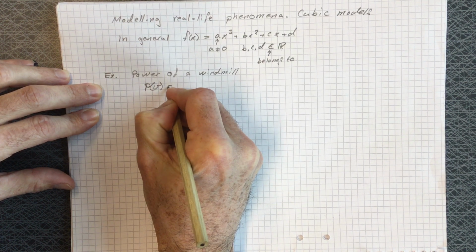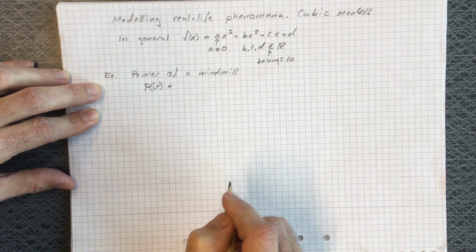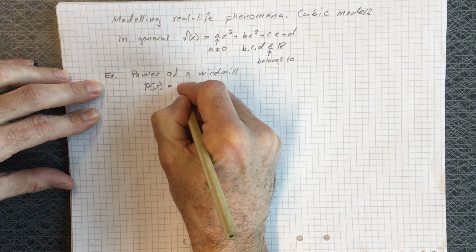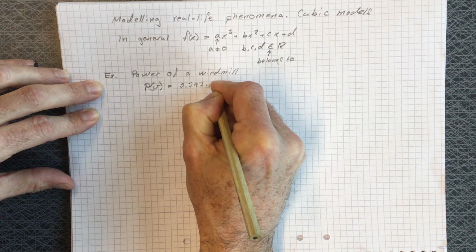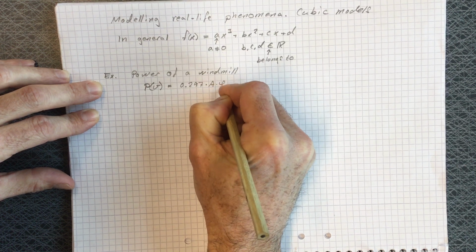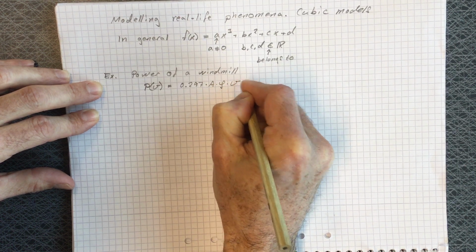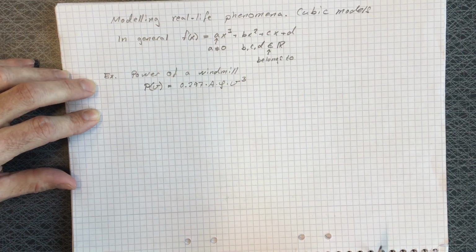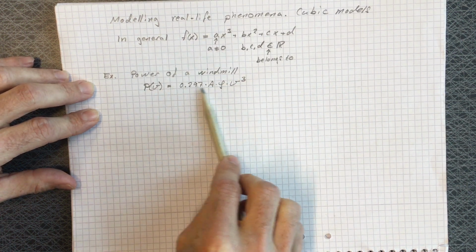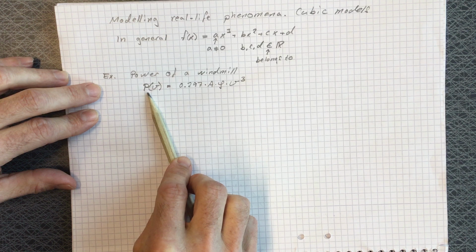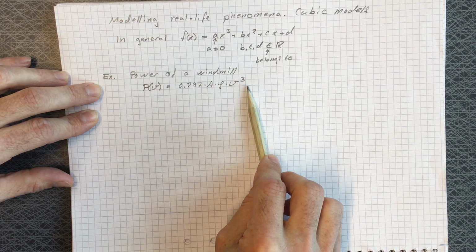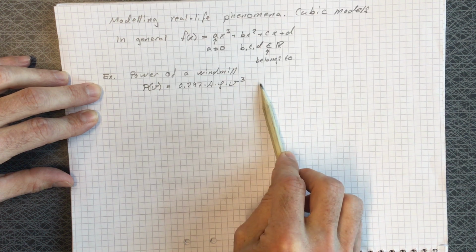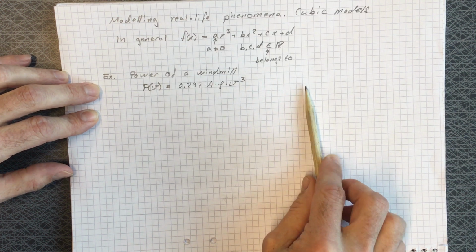And it's a function, and you write it like this: 0.297 times A times rho times the velocity cubed. So this is the model for describing the power. It's a function of the velocity of the wind with no more terms. So b, c, and d are 0 here.